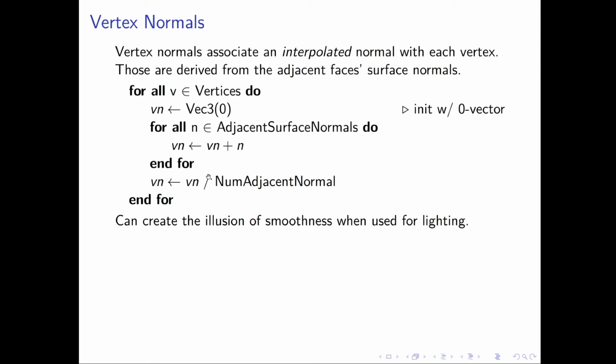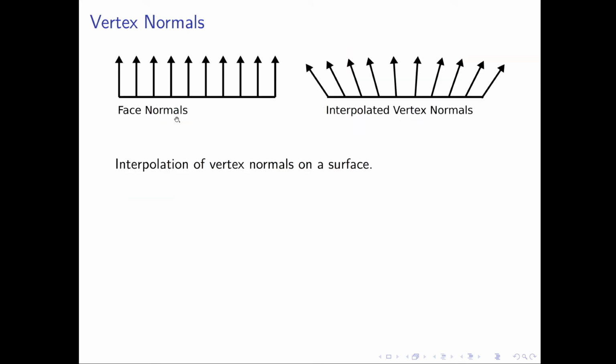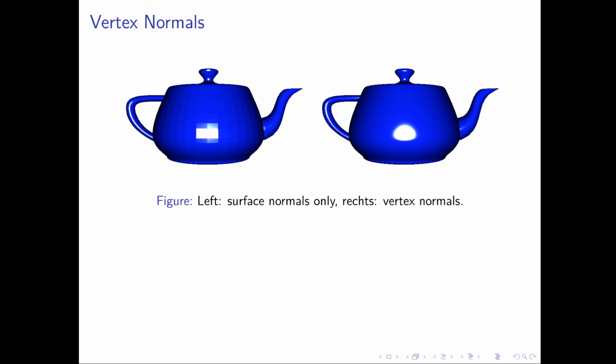This gives me an average normal for each vertex, and that allows me to smoothly interpolate the normals across a surface. And with that, I can create the illusion that a surface that is flat and patchy is actually smooth.